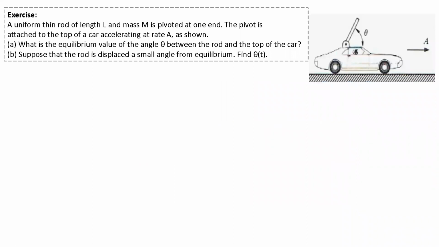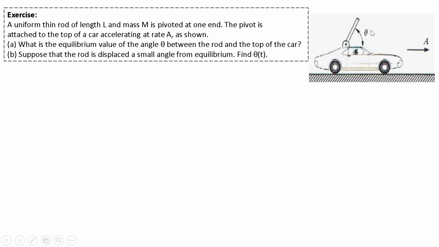Okay, so now let's see one more example. Actually, two more examples, just to have more practice on using this method of the accelerating frame. So what I have here this time: again, I have a car that is accelerating to the right at this capital A. And on top of the car, I have this setup where I have a pivot which is free to rotate, and then I have this rod here.